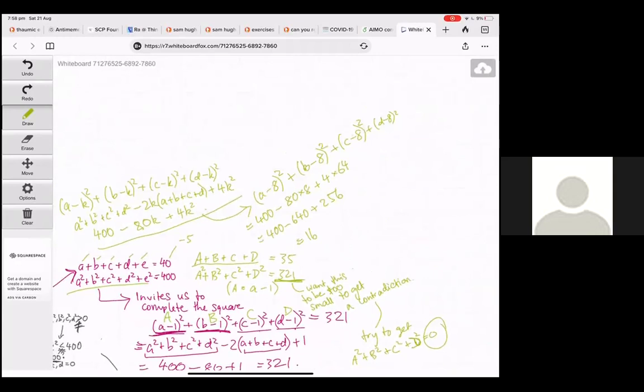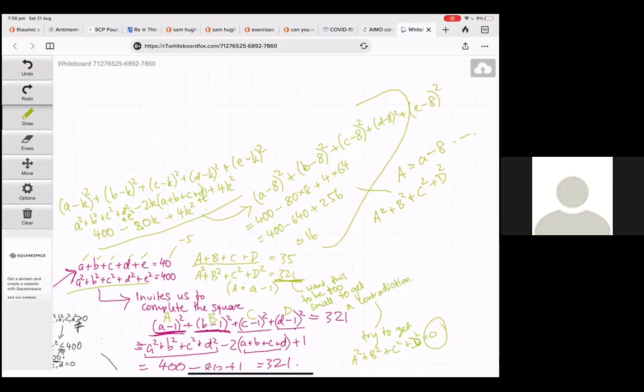Okay, so basically this tells me if A is equal to A minus 8 and so on, we've got A squared plus B squared plus C squared plus D squared. Oh, I've forgotten all my E's, haven't I? Plus E squared. Whoops.